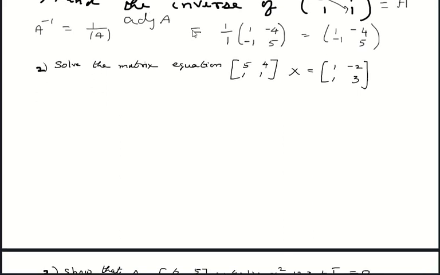Now let me proceed with the second sum. Solve the matrix equation 5, 4, 1, 1 into X matrix is equal to 1, minus 2, 1, 3. That is, you have to find what is this X matrix. If we don't know determinants, obviously we'll take what is X, find the order of the X matrix, then proceed with matrix multiplication and do it.